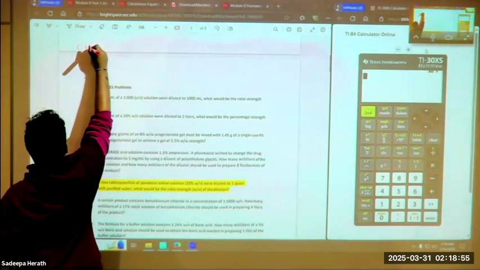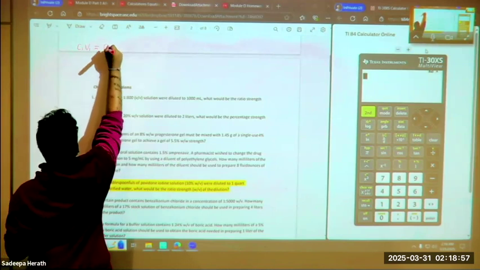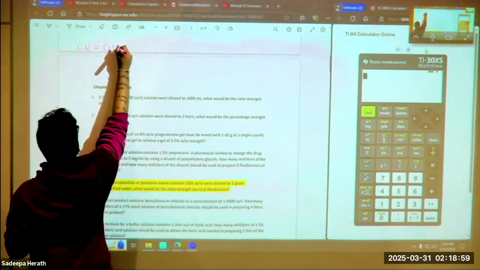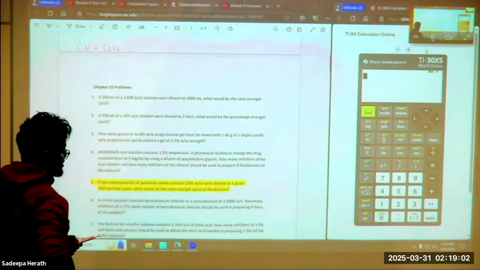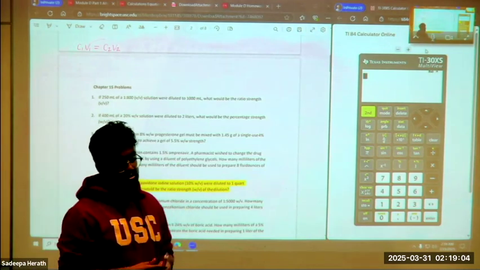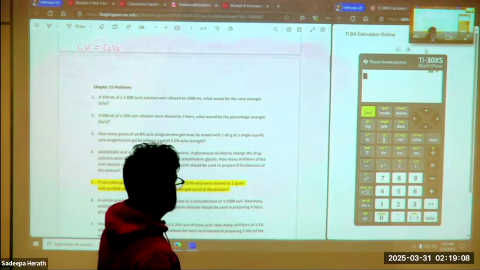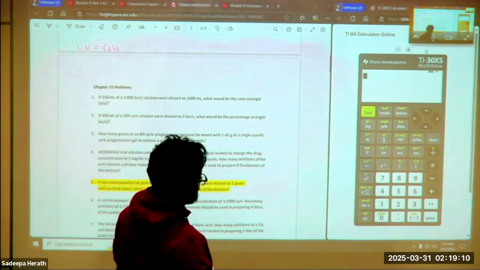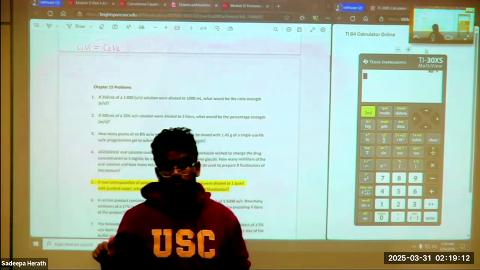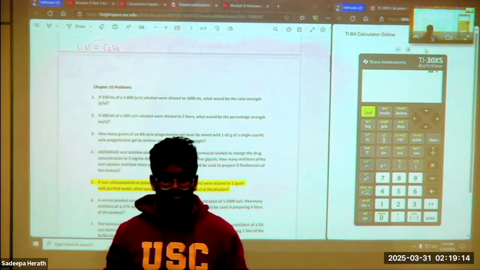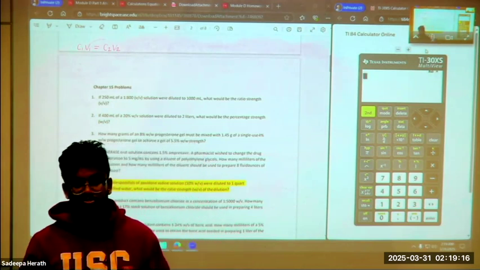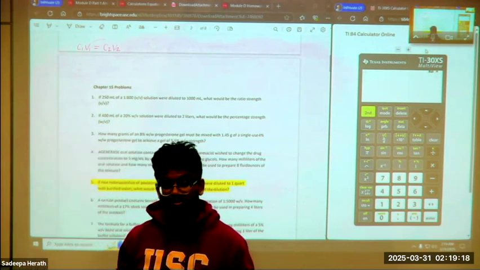C1 V1 equals C2 V2. You probably have seen it as M1 V1 equals M2 V2 because the molar concentration times the volume of that solution equals the amount of moles of that solution.